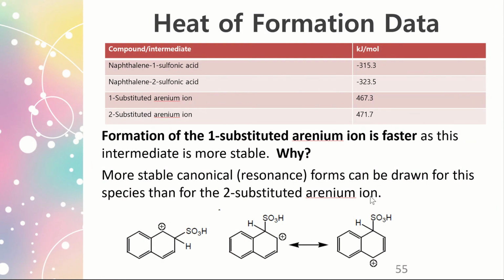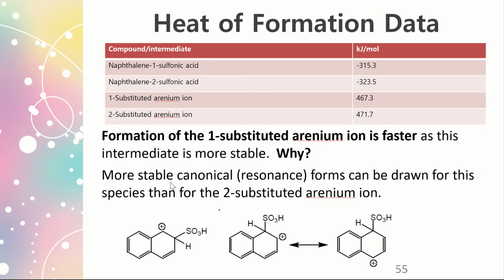We're going to look at it in a little bit more detail, but just accept at this point that the 1 substituted areneum ion is formed faster as this intermediate is more stable.